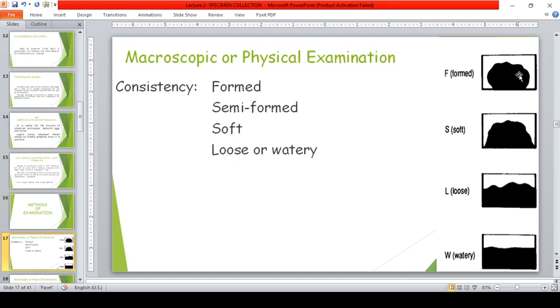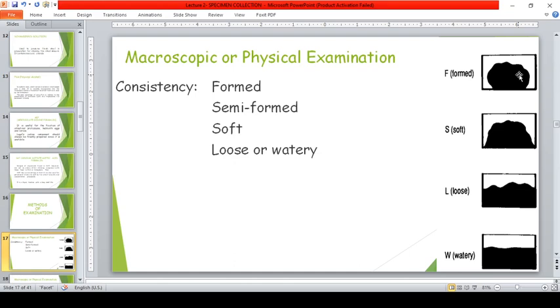For loose or watery, mga diarrheic specimen, you expect protozoan trophozoites. Helminth eggs and larvae can be found in any consistency, regardless if that is formed, semi-formed, loose, or watery.